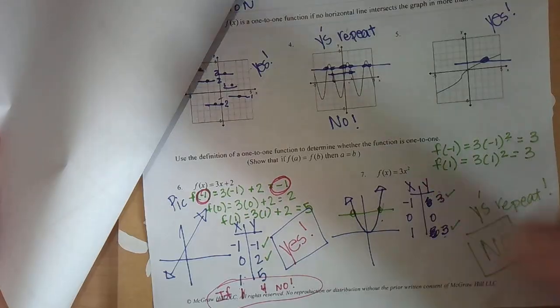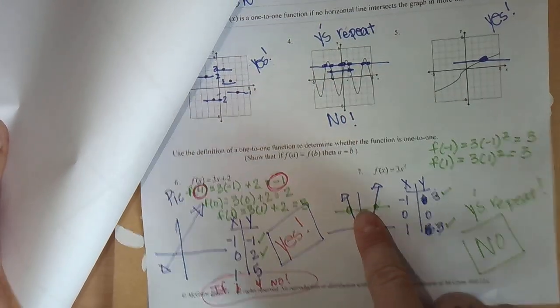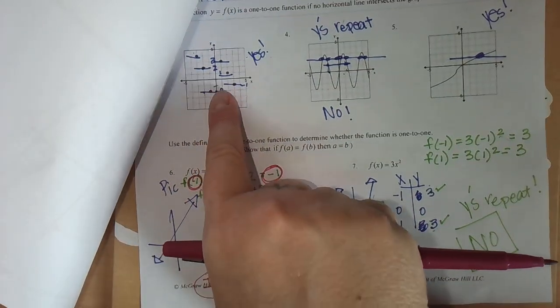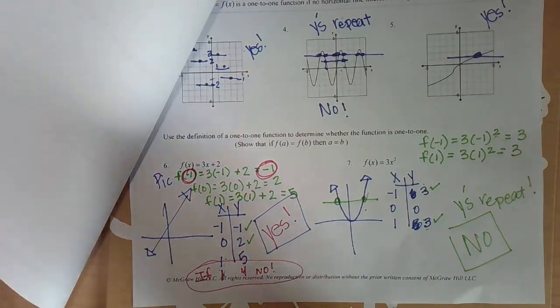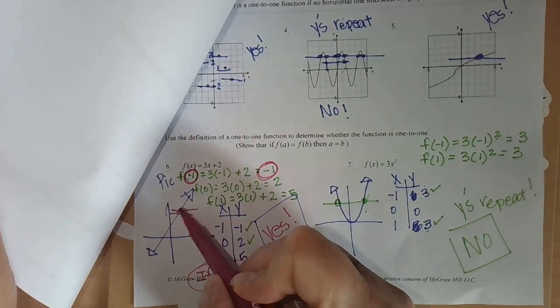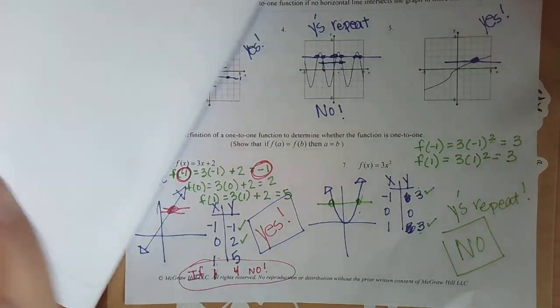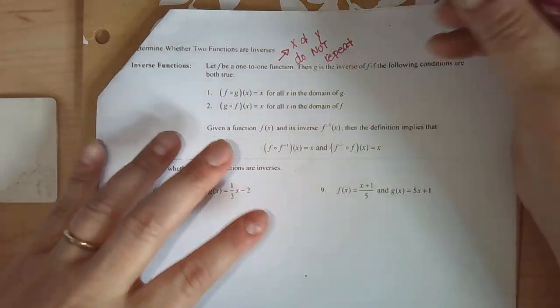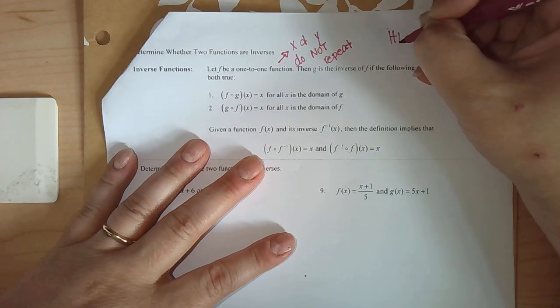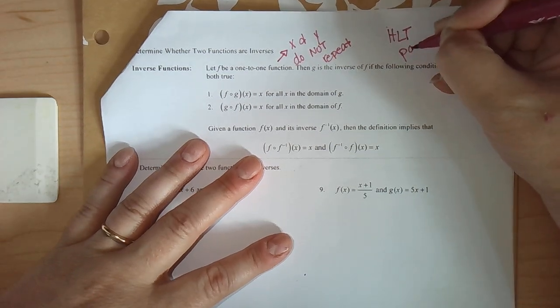We're going to be dealing with a picture where the horizontal line test just crosses through once and just once. So the x's and y's do not repeat, or the horizontal line test passes once.